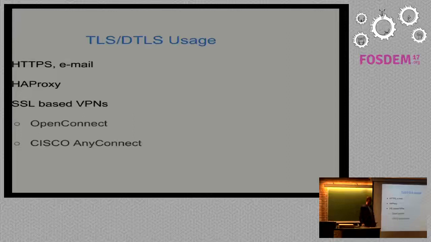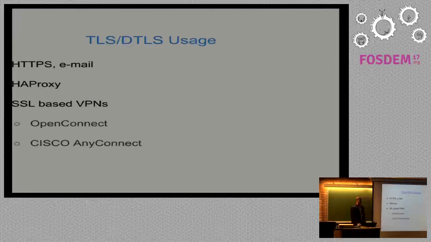The term SSL-based VPNs is quite used because of historical naming. You can also say TLS-based VPNs. Such VPNs are OpenConnect or Cisco AnyConnect. Cisco AnyConnect is a closed source implementation, but you can use OpenConnect, which is compatible with Cisco AnyConnect.